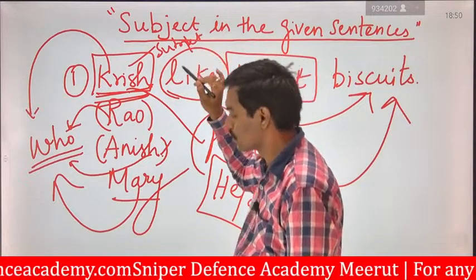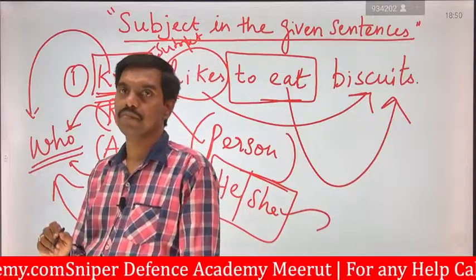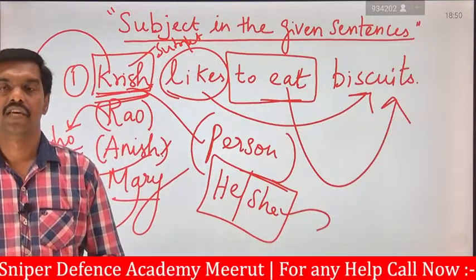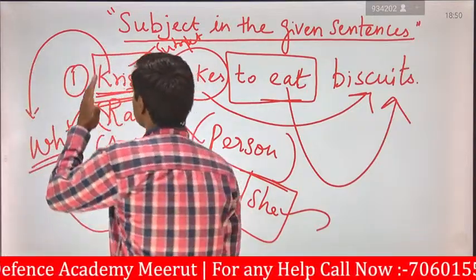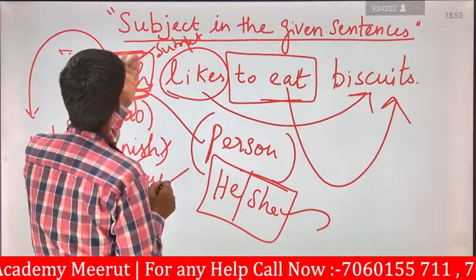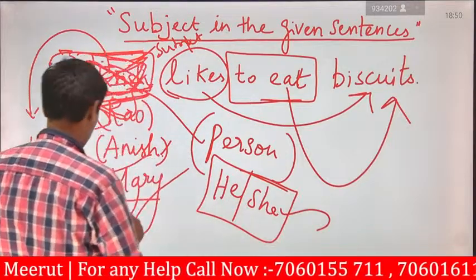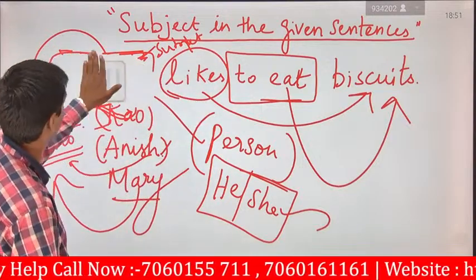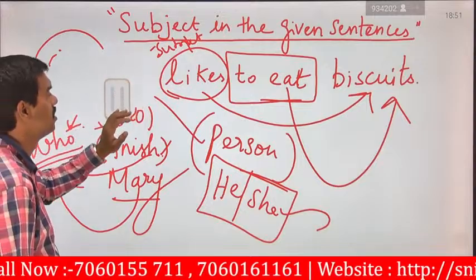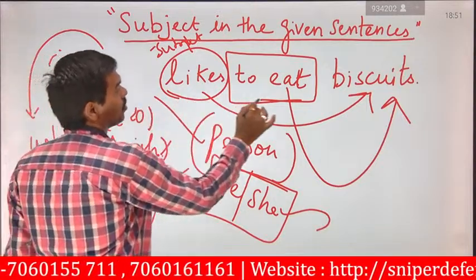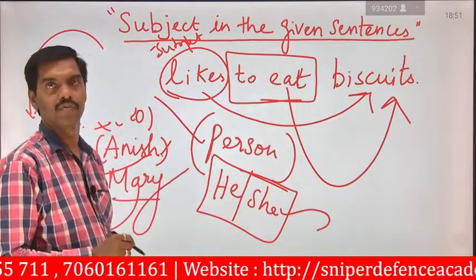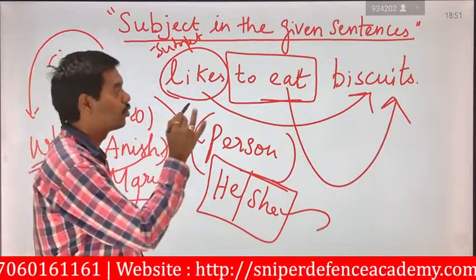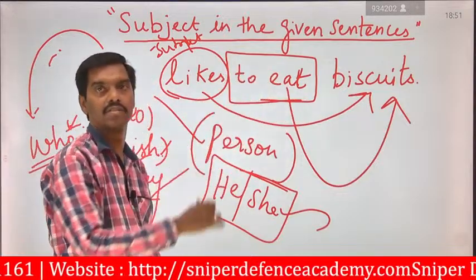Without this subject, there is nobody, there is no meaning. For example, if I remove this Krish, what remains is: likes to eat biscuits.